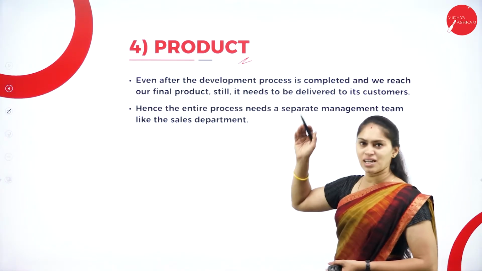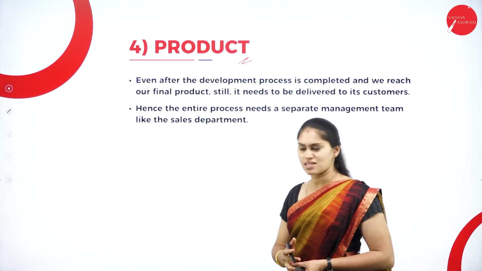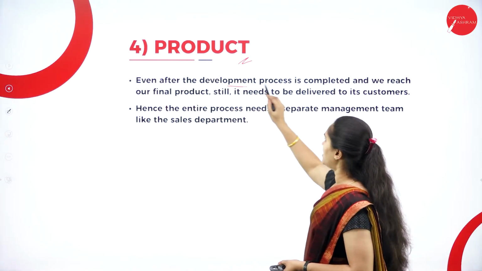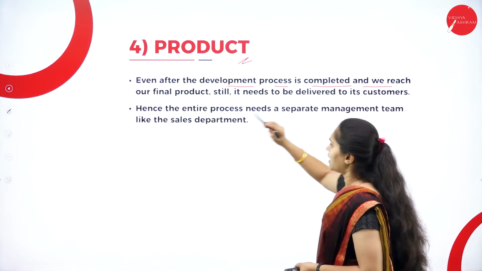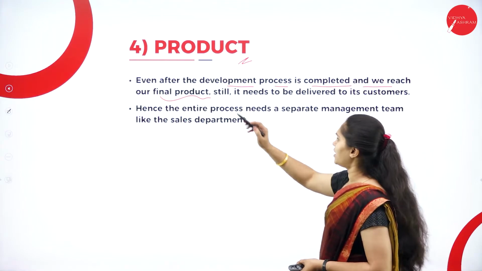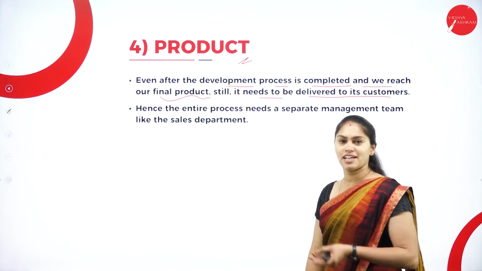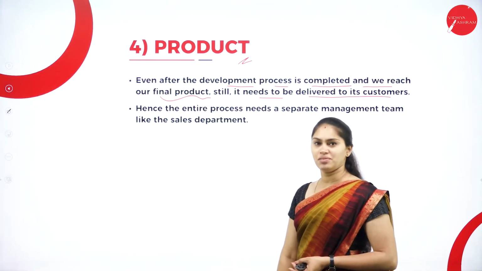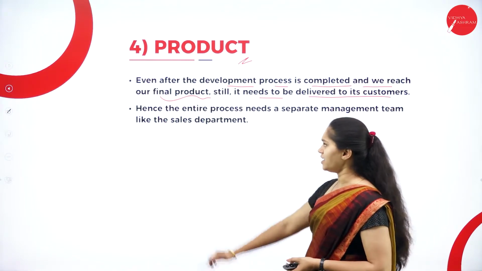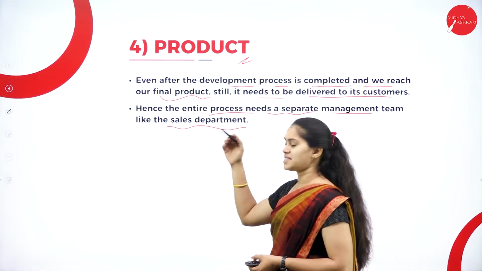At last we have the product. This is the final result which is sought by the customer, once the development process is completed and we have reached our final product. When we reach it, it needs to be delivered to the customer. Once it is reached as a final product, it will be ready for usage. So the entire process needs a separate management team, like a sales department.